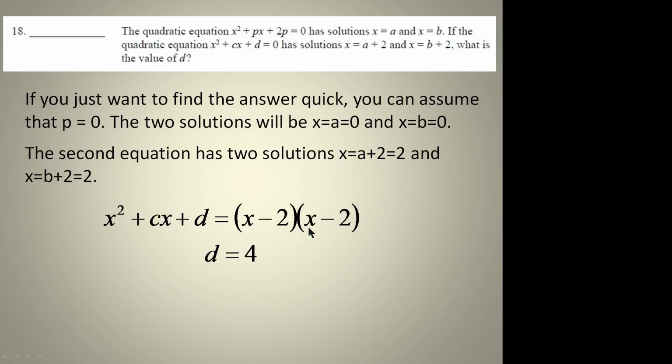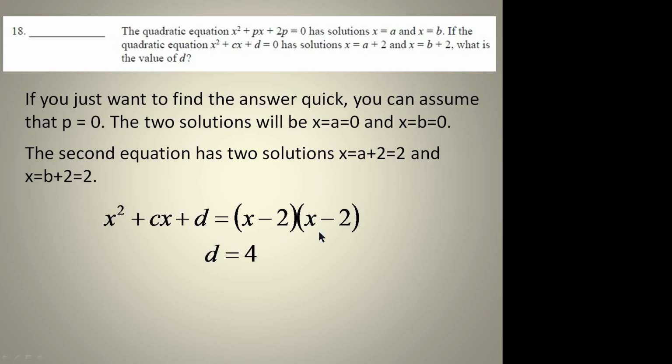So x minus this, x minus that. And if we just look at the constant term, d will be 4. Negative 2 times negative 2 is 4. All other terms will be either here or here. So it's easy to see that d is negative 2 times negative 2.